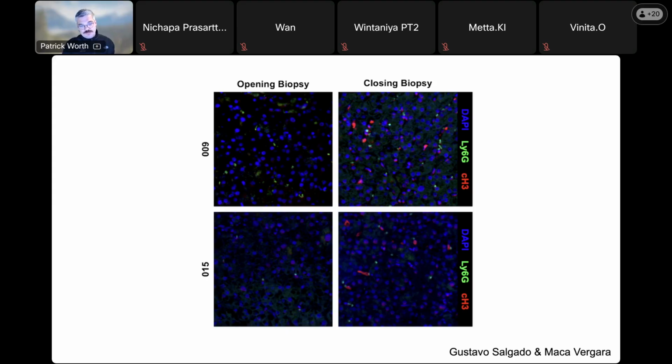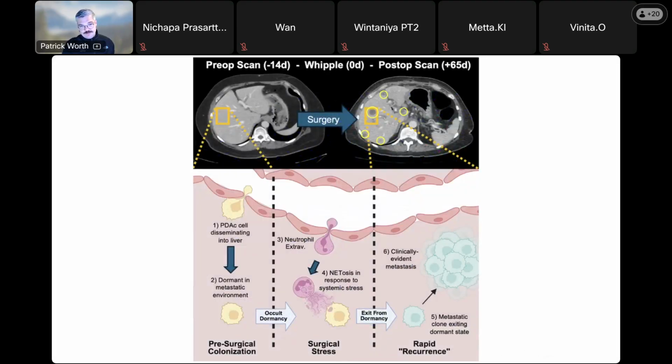And so the focus of much of the next few grant cycles in our work is on the hypothesis that surgical intervention is causing some organ-wide stimulation of NET deposition in the liver parenchyma.